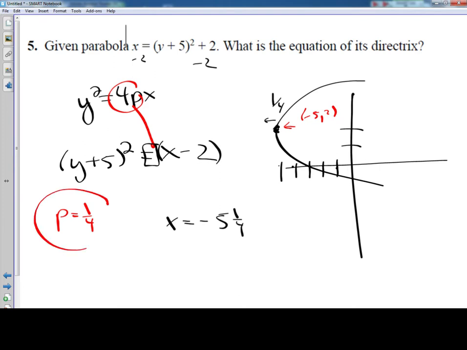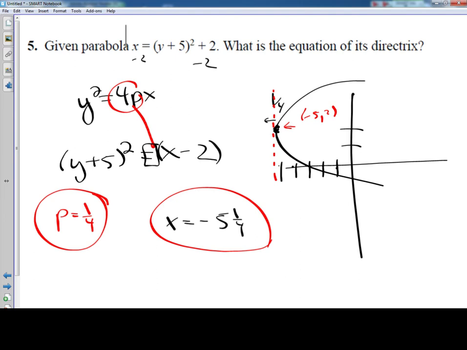According to the value of p, my directrix is only a quarter unit away, isn't it? Okay? So if I go a quarter unit this direction, isn't that -5 minus another quarter? So there's the equation of my directrix.